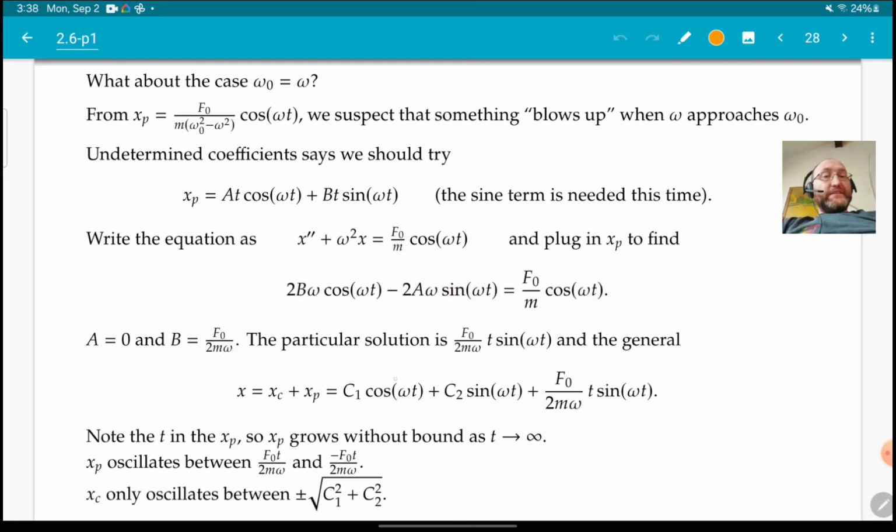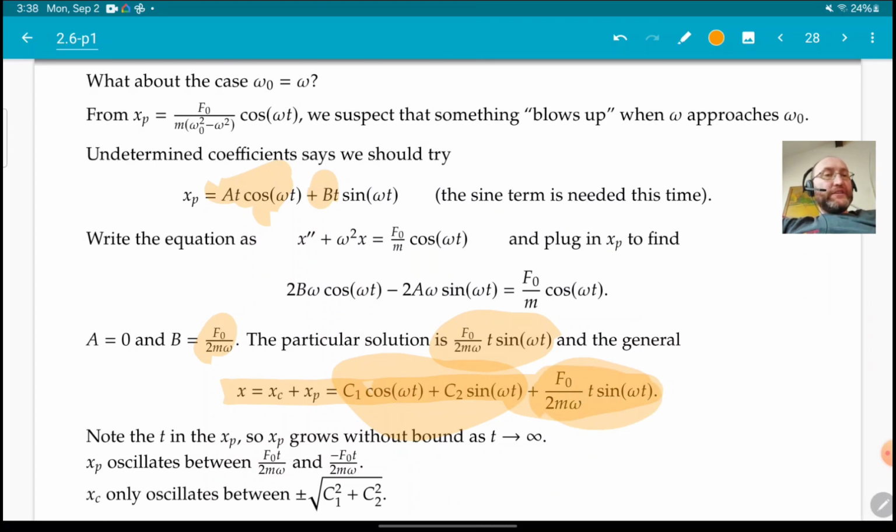So that means that the particular solution is, well, I just take that b and put it in front of, you know, here. This is not there. So that's our particular solution. And the general solution is this guy over here. So this is the complementary solution, and this is the particular solution.